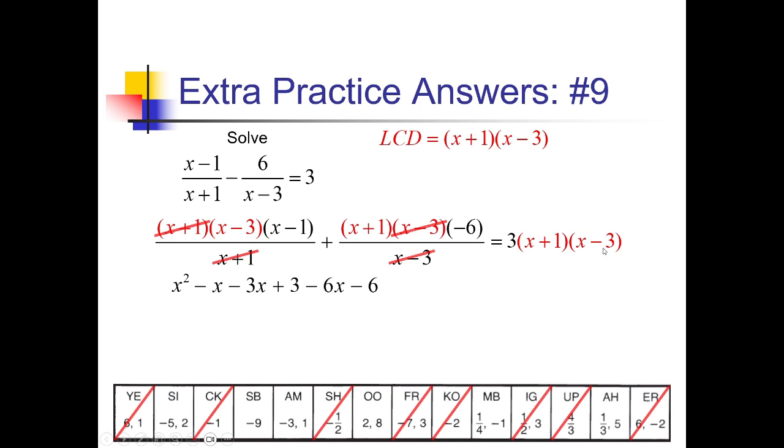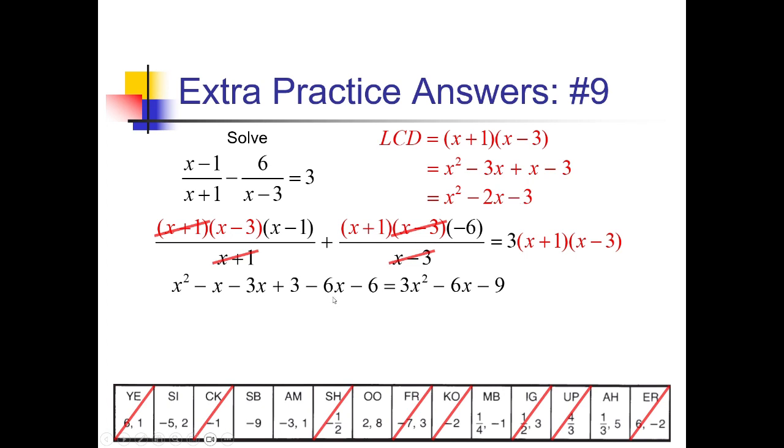And then for this last one, I'm going to FOIL this out up here before I distribute the 3. So I've got an x squared, a -3x, an x, and a -3, combining to give me a -2x in the middle there. So now I'm going to distribute 3 to this expression. That's going to be 3x squared minus 6x minus 9.